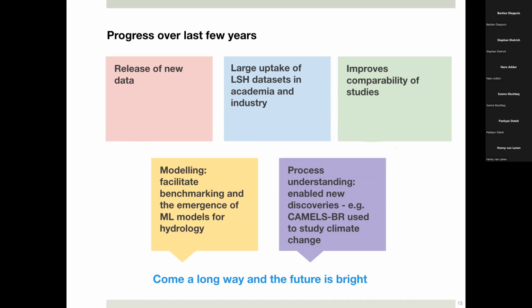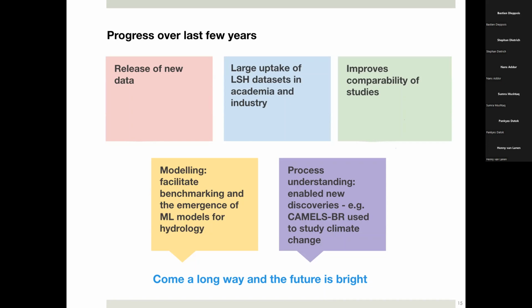There have been benefits in two fields, I would argue. One of them is modeling. These data sets have really facilitated the benchmarking of models, of rainfall runoff models. And also they've literally enabled the emergence of machine learning models for hydrology.